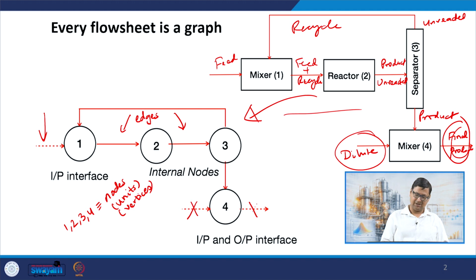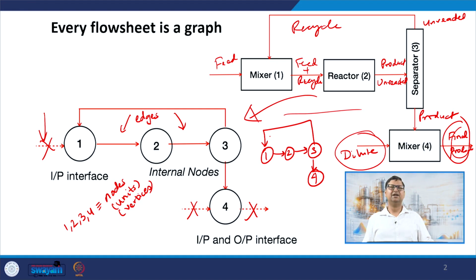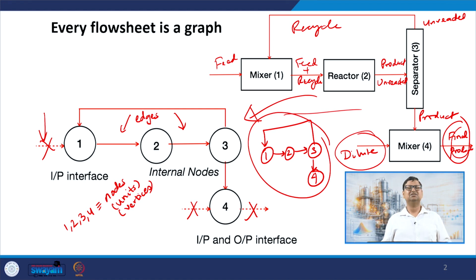So I basically drop these 3 edges, and now what I am left with is simply this graph that essentially represents how the units are connected together without worrying about the interfaces. Of course, the interfaces are important, and we will get back to cases where we will see how we can incorporate the effect of interfaces. But in the beginning, when I define graphs and things like that, I will take a general notion of graph that is something like this, except the interfaces.